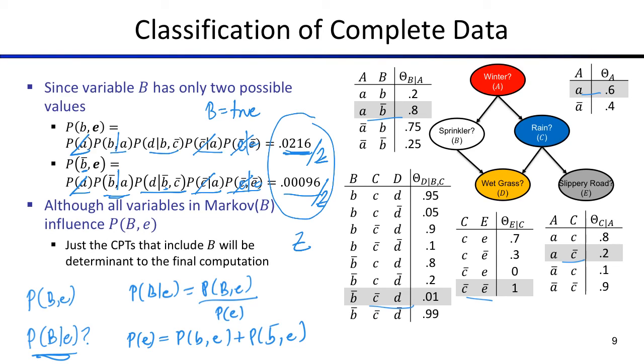So actually what's making the difference is just these two terms here, right? They are the terms where B appears. So these are the conditional probabilities where I have the variable B. So in this case, we are just using the information that we have here and the information that we have here, because these are the tables where B is present.